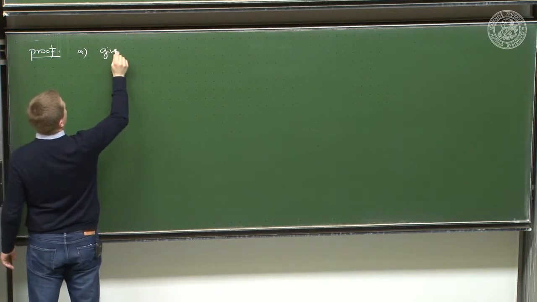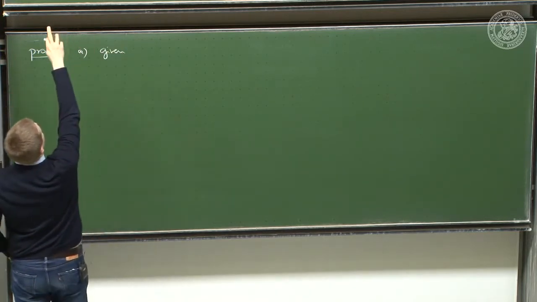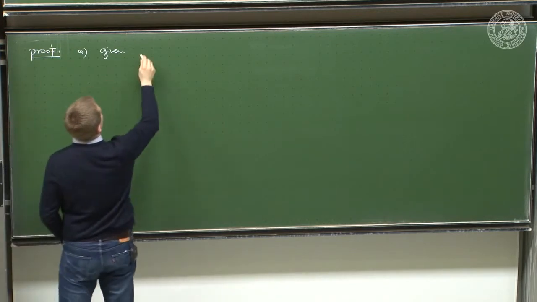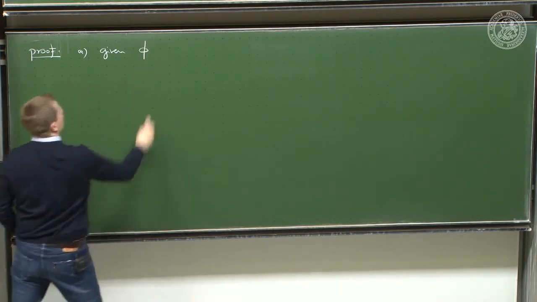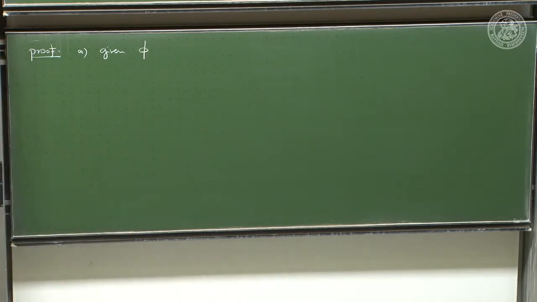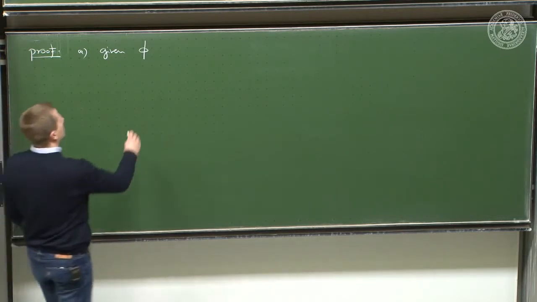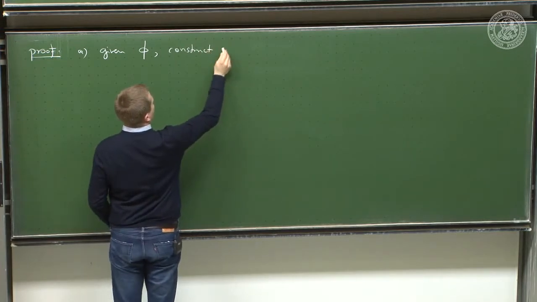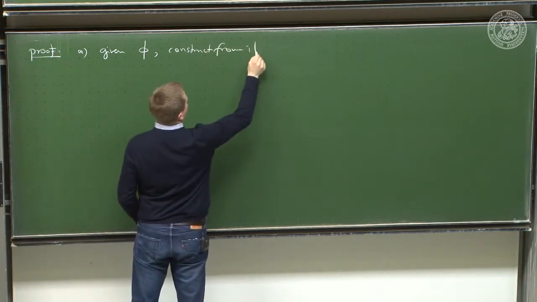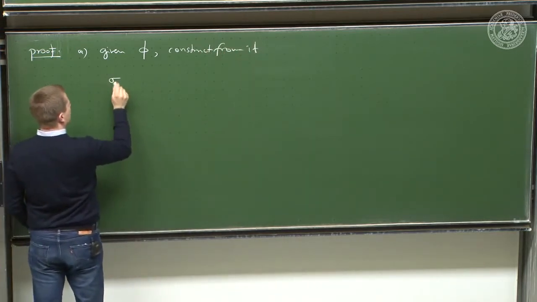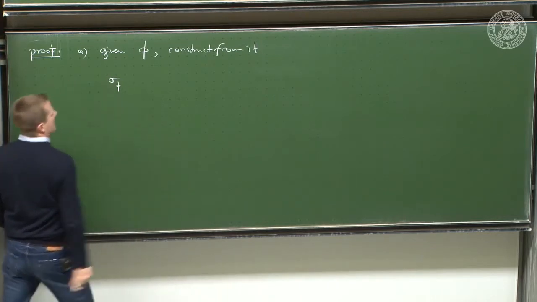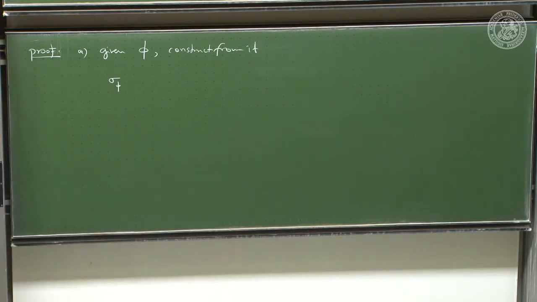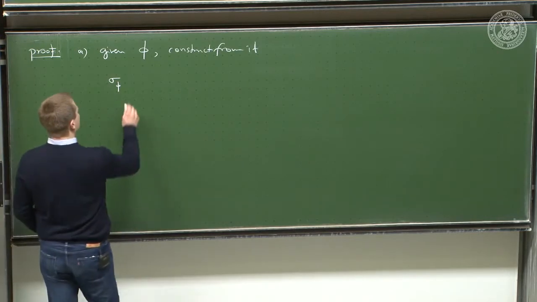Assume that we start with an F-valued G-equivariant function phi on the principal bundle. We construct from it the following section, sigma, and I write sigma_phi because it's constructed in terms of phi.